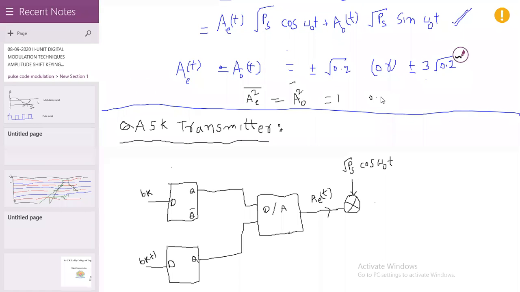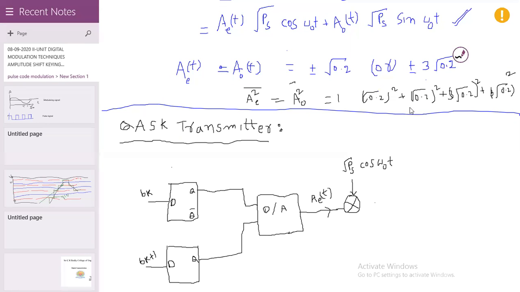So root of 0.2 whole square plus minus root of 0.2 whole square, minus minus plus becomes plus, plus 3 into root of 0.2 whole square plus 3 into root of 0.2 whole square, divided by 4.